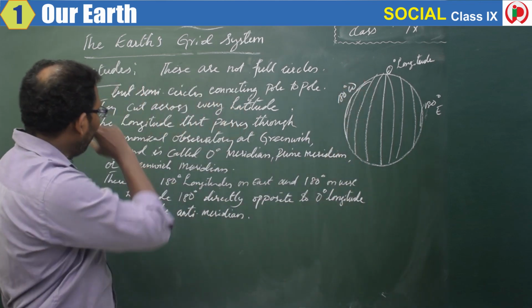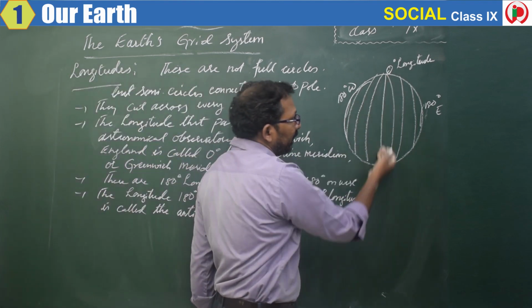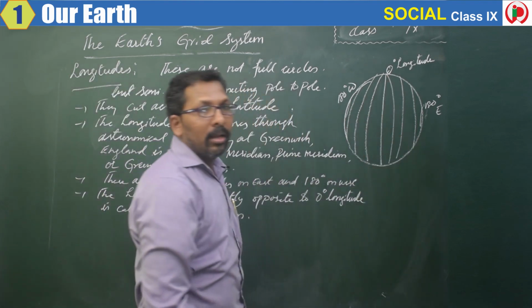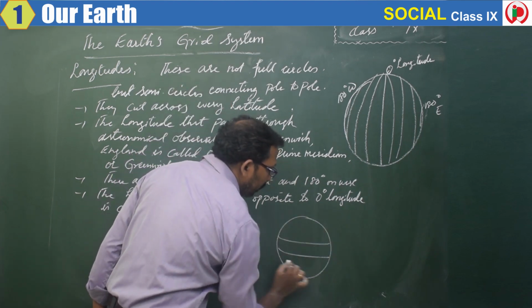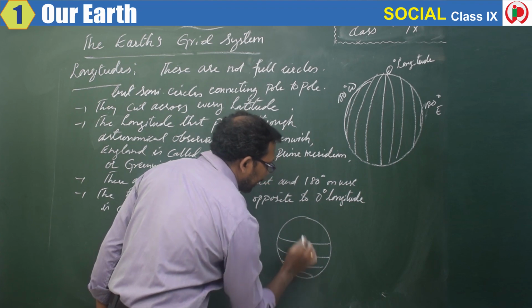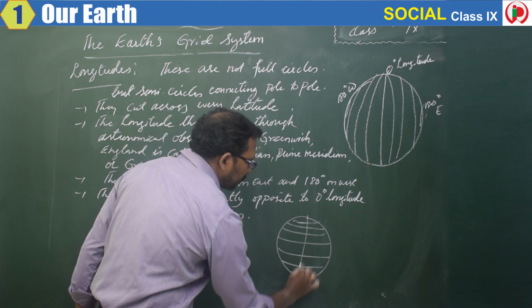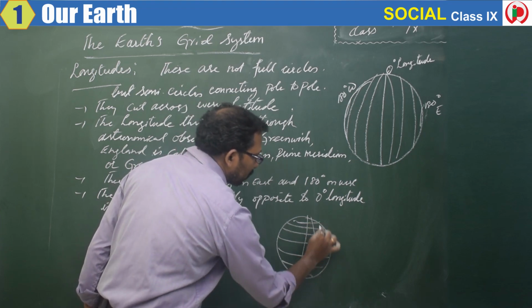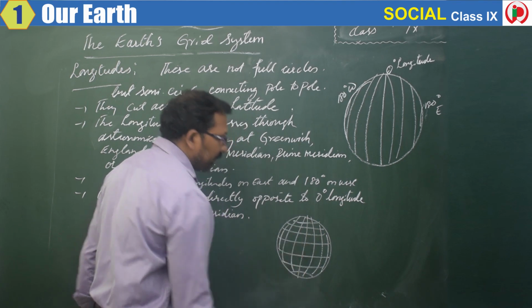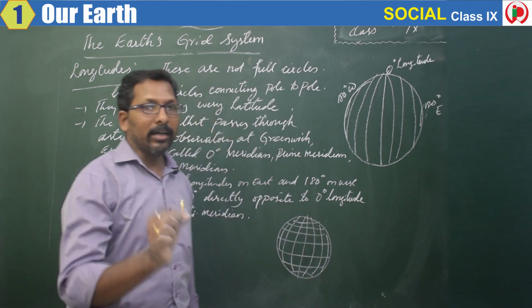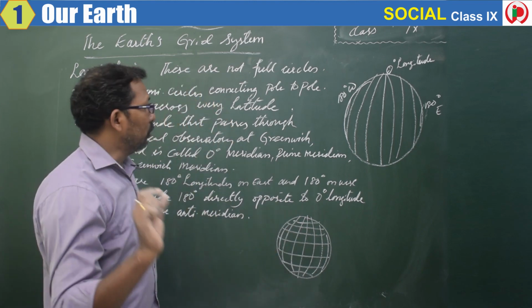Okay. So what are these longitudes doing? They are cutting across every latitude. Cutting means what? For example, this is latitude. Right. So these longitudes cut across every latitude.